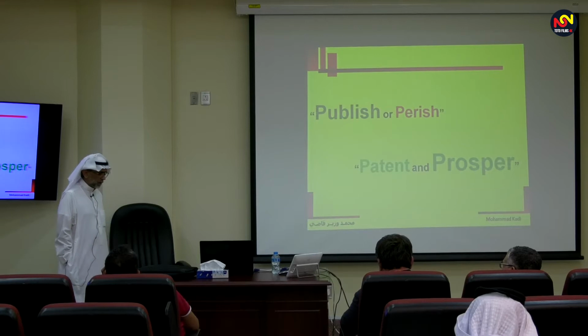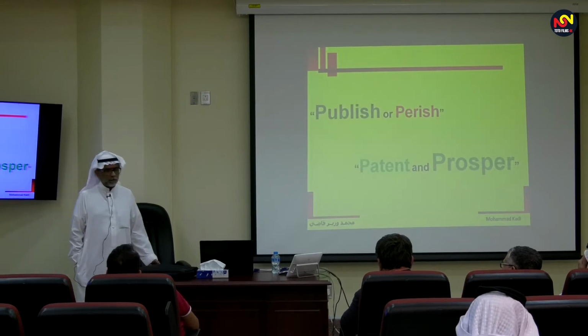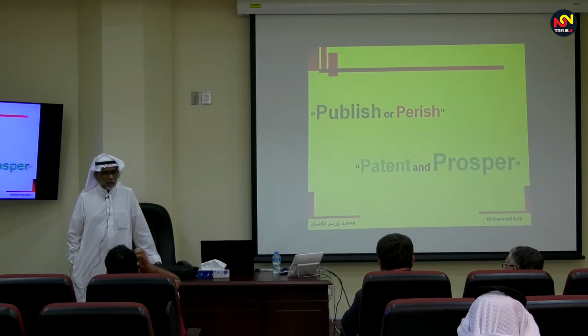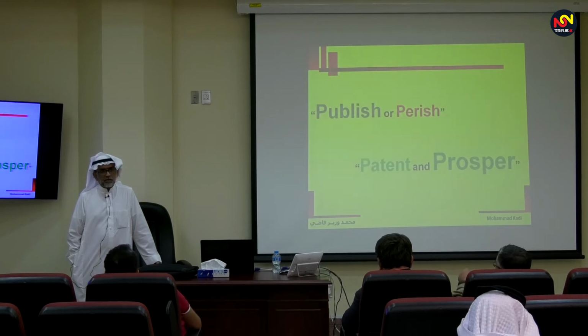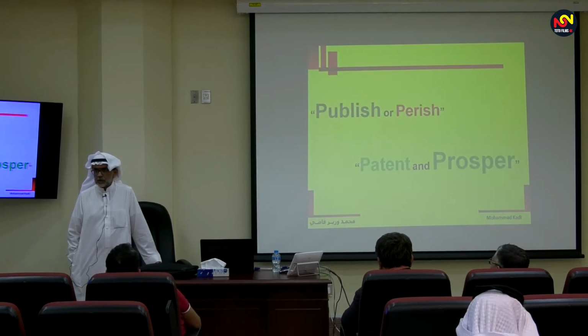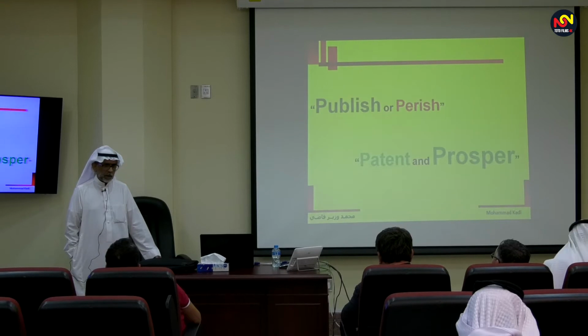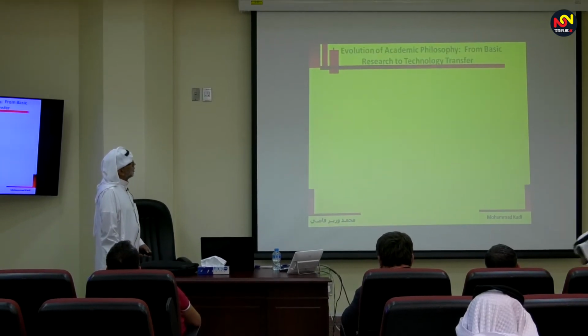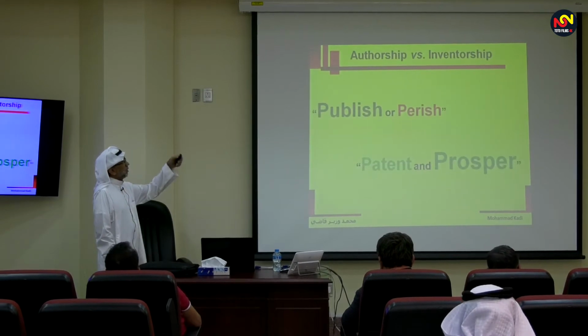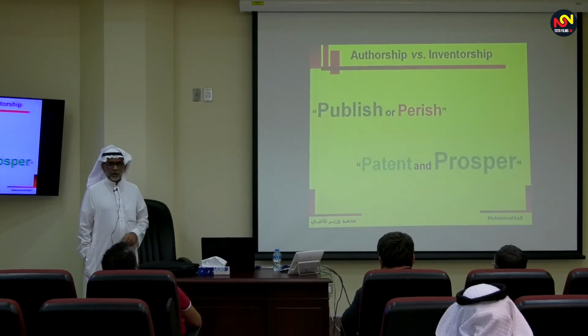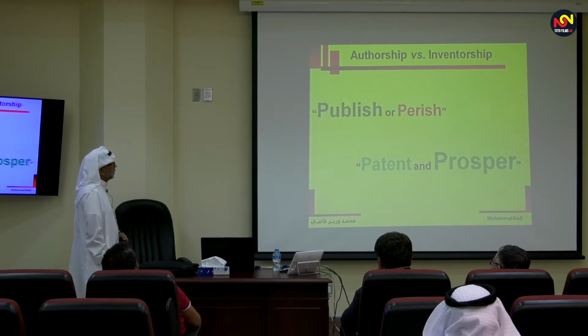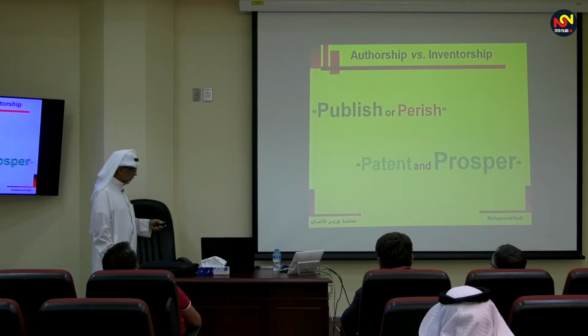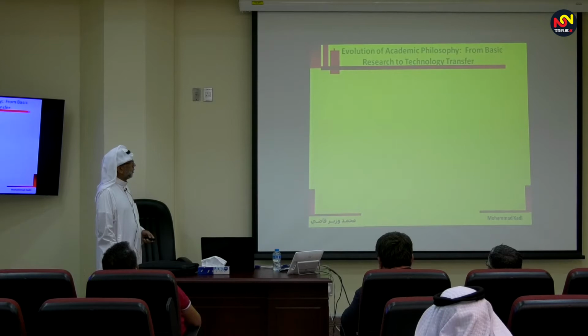So universities now are interested in producing intellectual property that is capable of generating revenue for the university and staff. So it's a contrast between authorship of papers and inventorship of inventions and intellectual property.